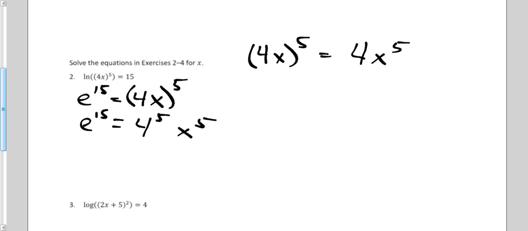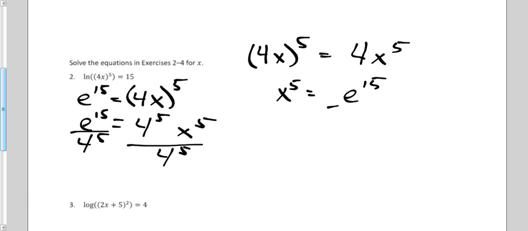What is 4 to the 5th power? 1024. Good. So then I can get rid of that by doing that on both sides, right? So then x to the 5th equals, I don't even need to do that though, because check this out. E to the 15th over 4 to the 5th.